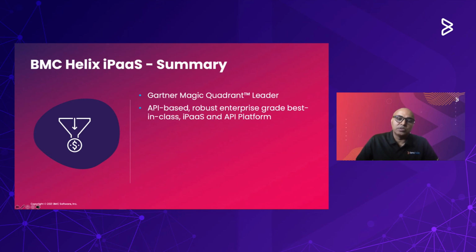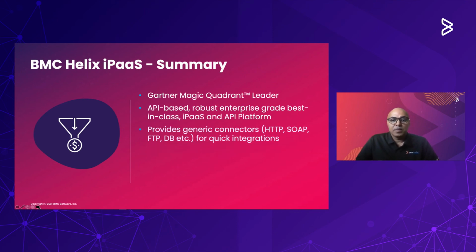So it's a super good, top end of the enterprise offering. And the service is great, comes with a rich set of connector options today and growing. But on top of that, you have generic technology-based connectors for any quick integrations. Anything that you want to build today, you can build today with the platform.